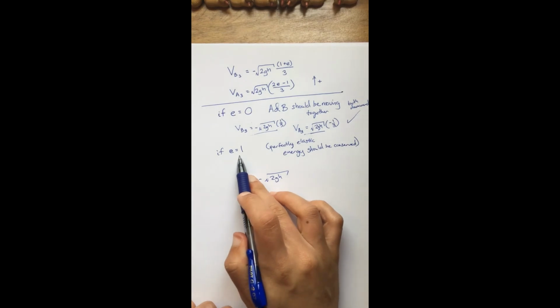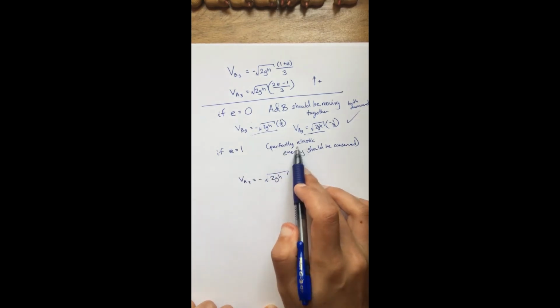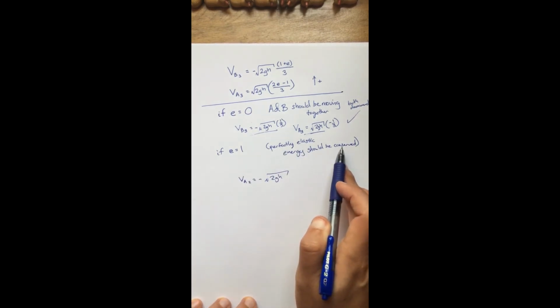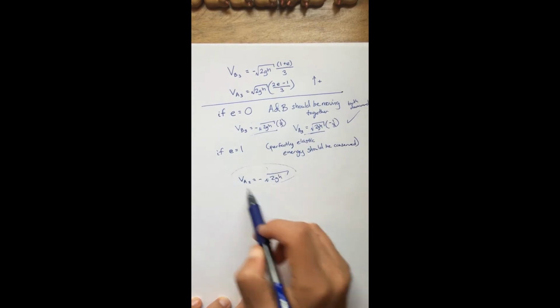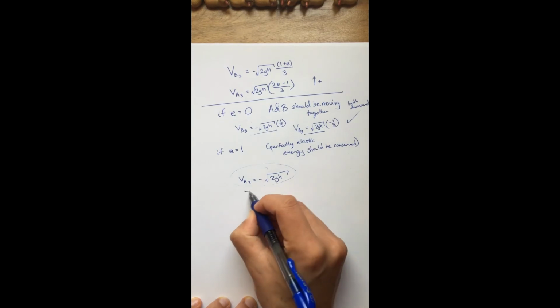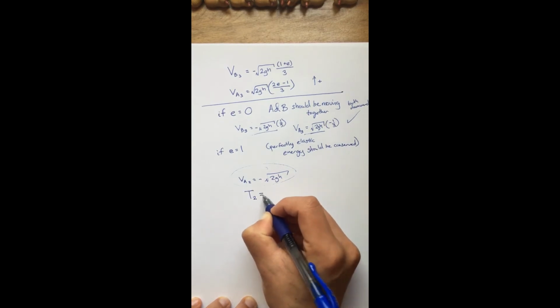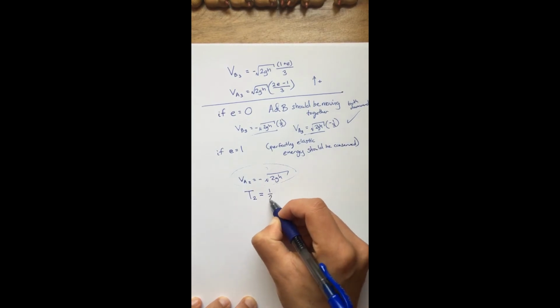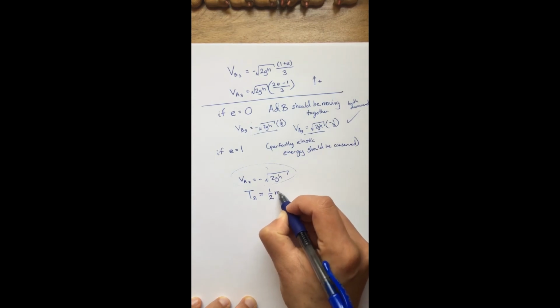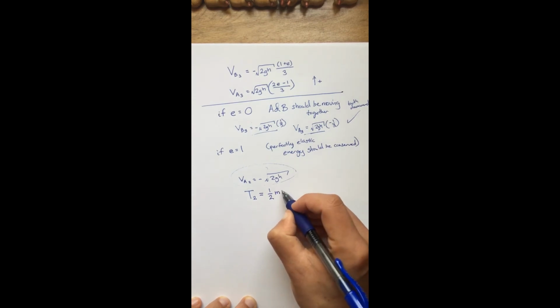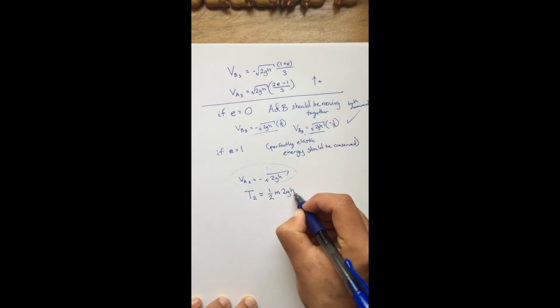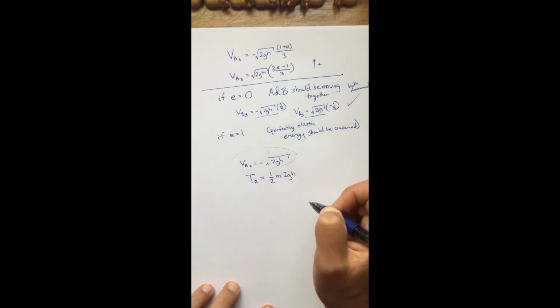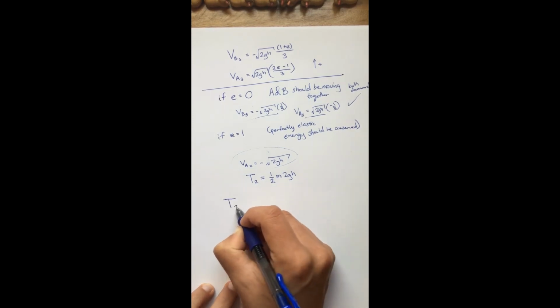If E is equal to 1, the collision is perfectly elastic and energy should be conserved. So we want to check to make sure that energy is conserved in this case. Here's the velocity of A right before the collision. So the kinetic energy that we had right before the collision would be 1/2 the mass of A, which is just m, times the velocity squared, which is 2GH. If energy is conserved, we should have the same kinetic energy after the collision, but now we have two objects moving.